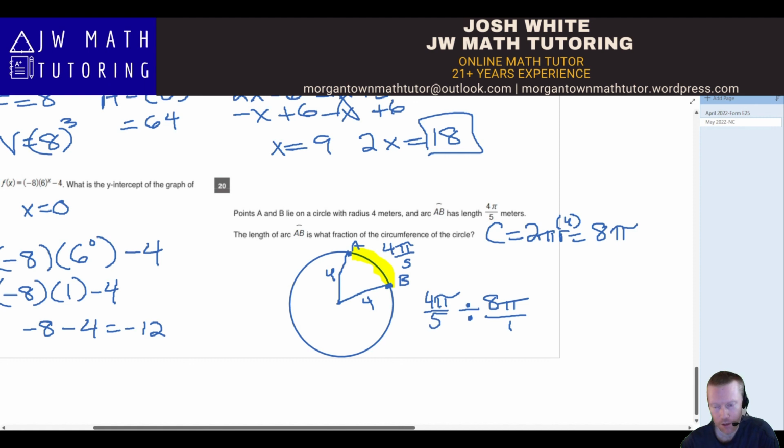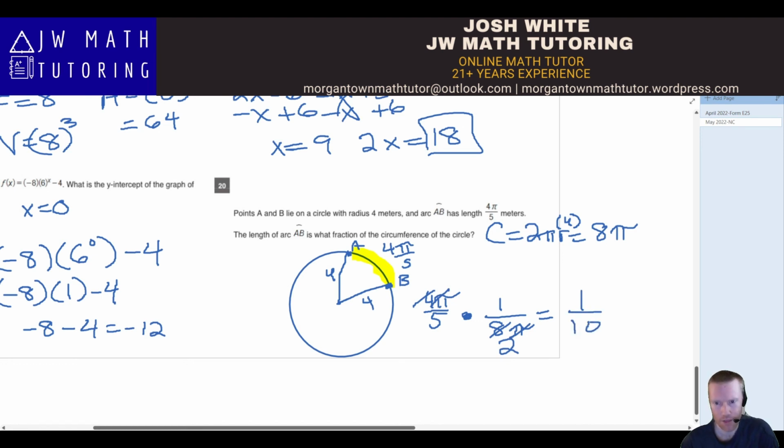Now really the way you do this is, we do state change flip, right? We change the division to multiplication, and then we flip the second fraction. So the 8 pi goes to the bottom, the 1 goes to the top, and now we just do some canceling out. The pi's cancel, 4 goes into 8 2 times, and we get 1 over 10, 5 times 2 that was left over.